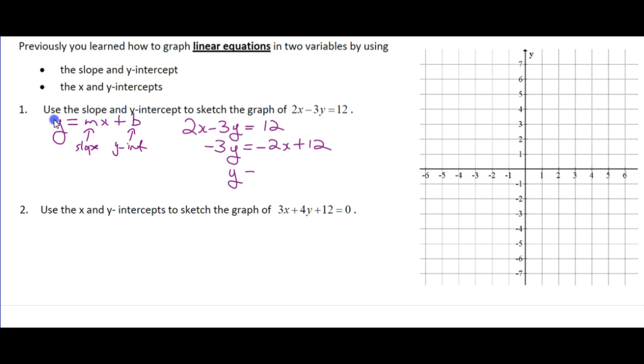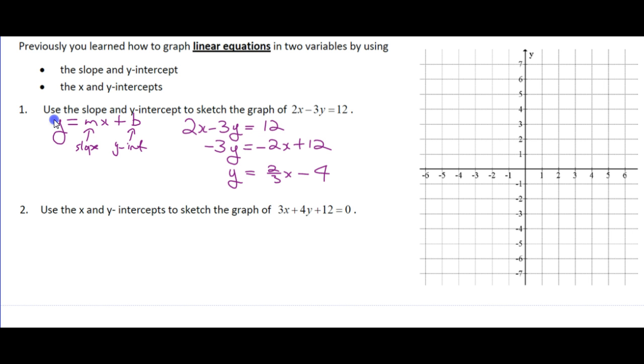This will become y is equal to 2/3 x minus 4. When we divide everything on the right-hand side by a negative, we're changing its sign, right? So negative 2x becomes positive 2/3 x, and positive 12 becomes negative 4.